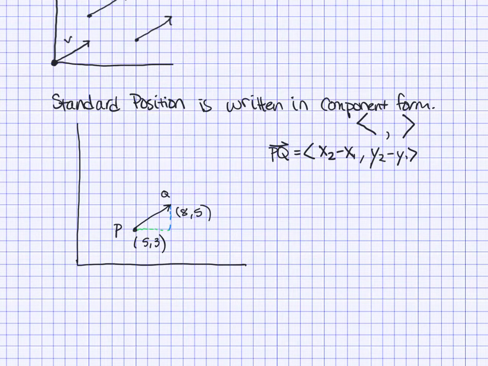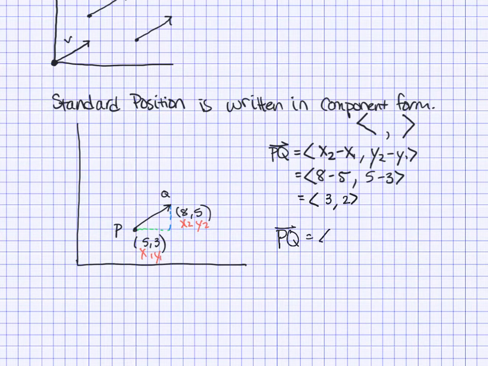So let's call our P points x sub 1, y sub 1, our Q points x sub 2, y sub 2. So when I plug this into my equation, finding my vector, we'll say this is 8 minus 5, comma, 5 minus 3, or the vector of 3, 2.